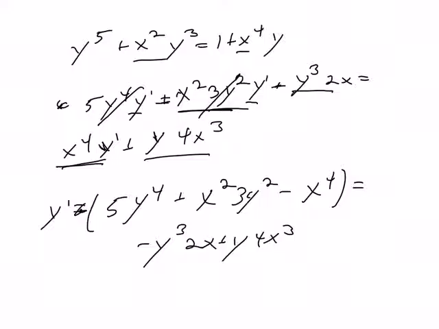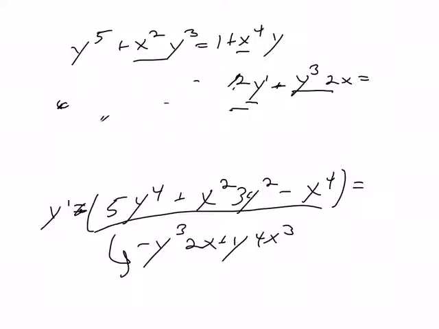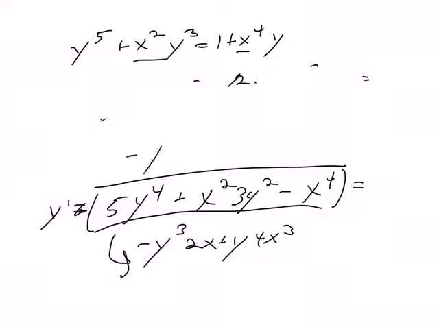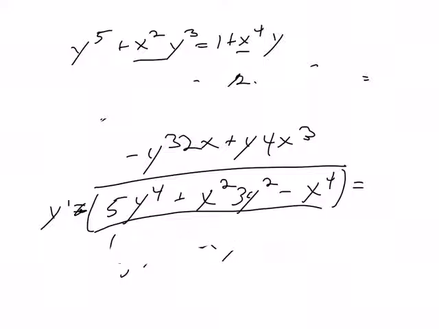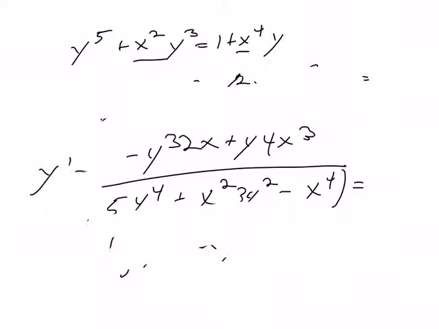Okay, and then all we do is we divide by this over here. So let's just write this up there. Negative y to the 3rd power 2x plus y 4x to the 3rd. That's that. That's that. Okay, perfect. That's y prime is equal to this.